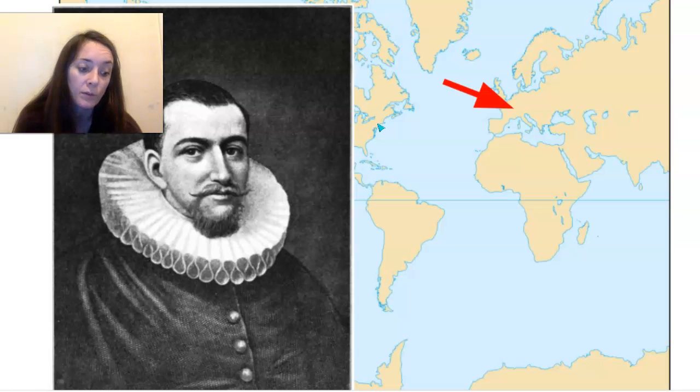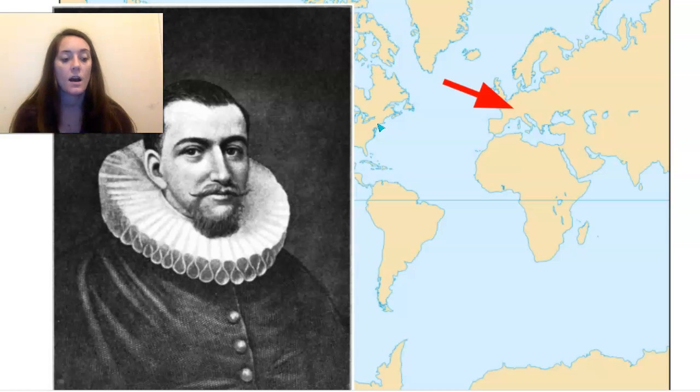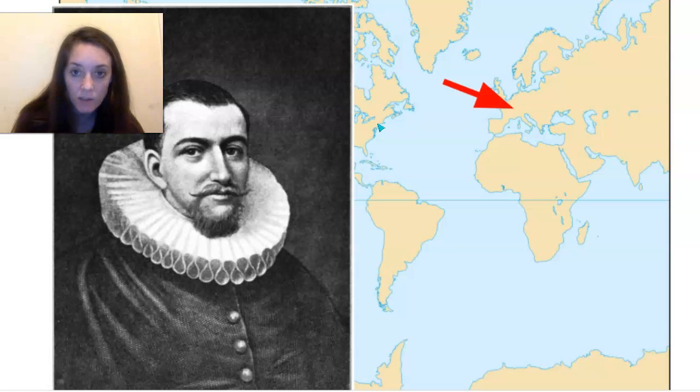And this is really important because a lot of the American settlement happened because of this. So a couple of really important explorers helped establish a European presence in the Americas from a couple of different European countries.